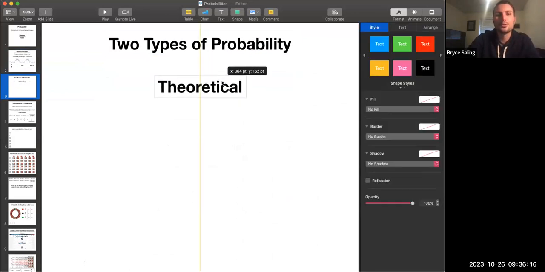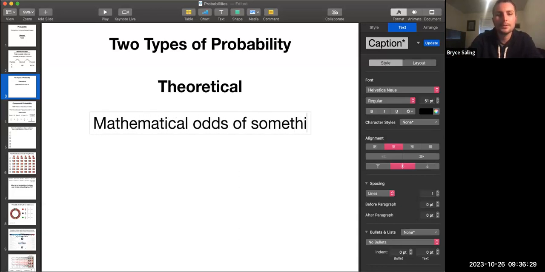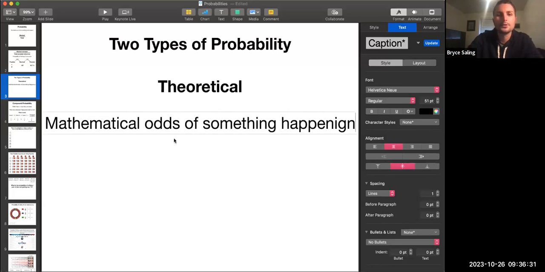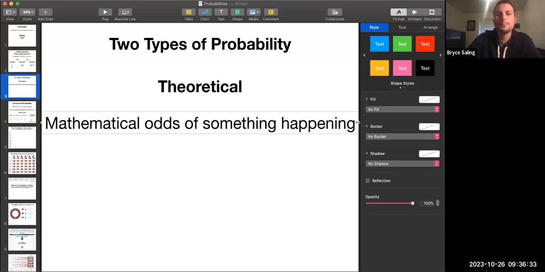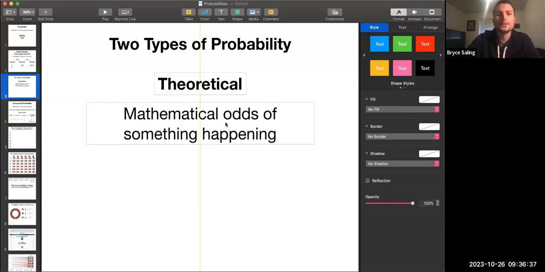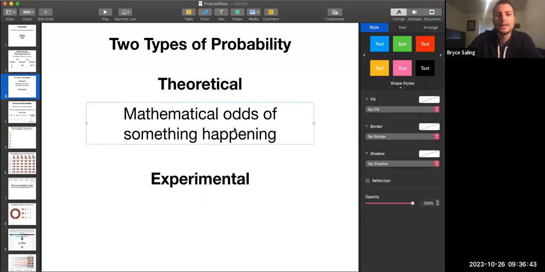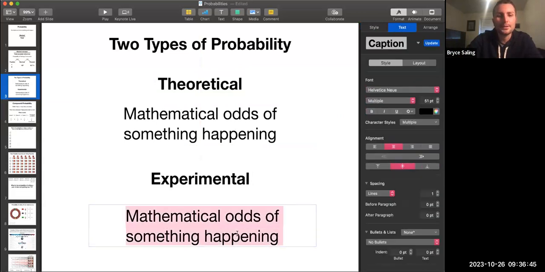Theoretical is just the mathematical odds, which is what we were doing right there, the odds of rolling a 3. It's the mathematical odds of something happening. So if you're trying to predict, that's what theoretical is. And then there's experimental. And that's what actually happened.